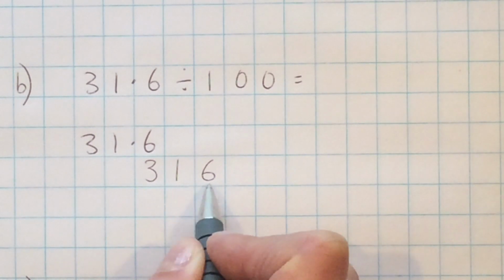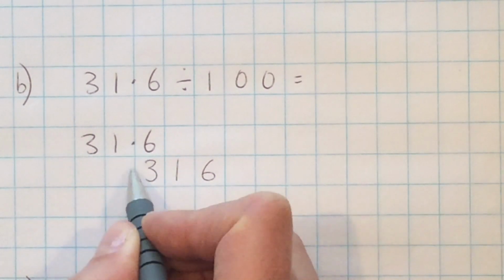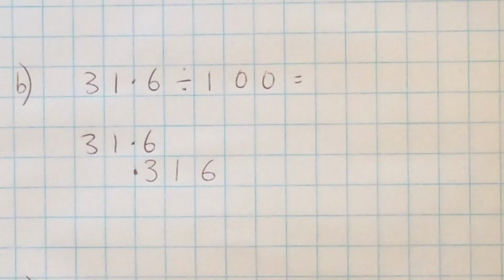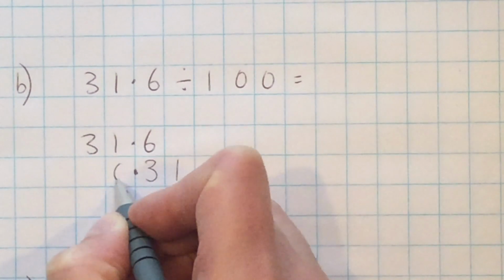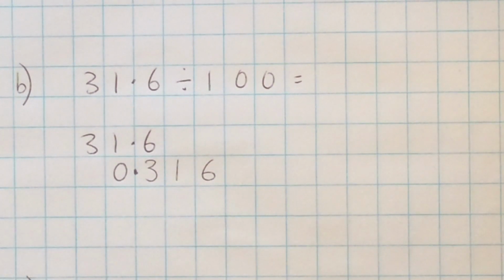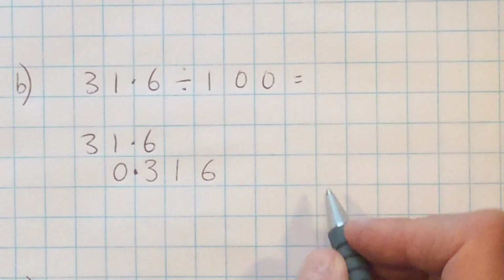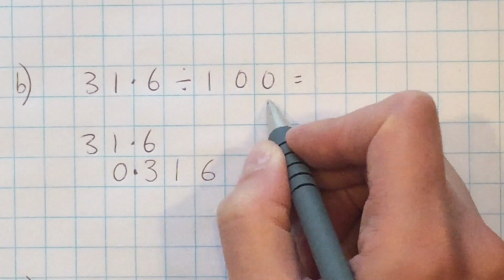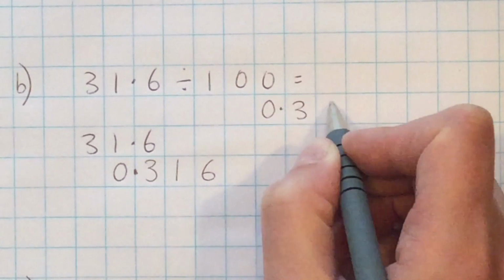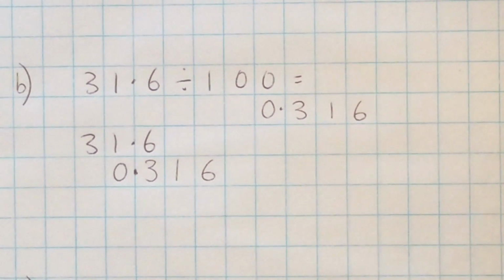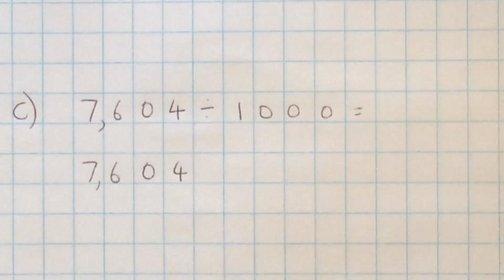My answer is not 316 because I've got to remember my decimal point is in the same place. And here I'm going to need a 0 placeholder. So my answer will be 0.316.